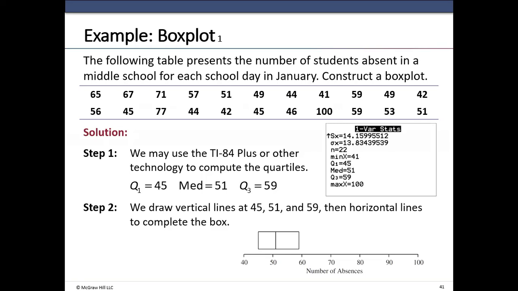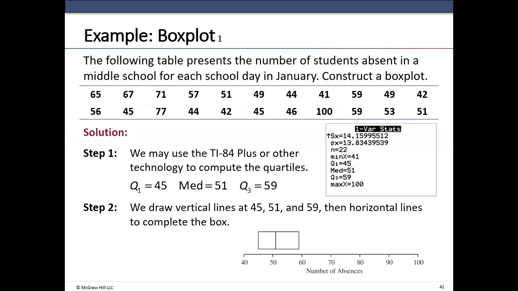What is my interquartile range? It is Q3 minus Q1, 59 minus 45, which is 14. 1.5 times 14 is 21. So 45 minus 21 is 24. Is there any number lower than 24 in the data set?